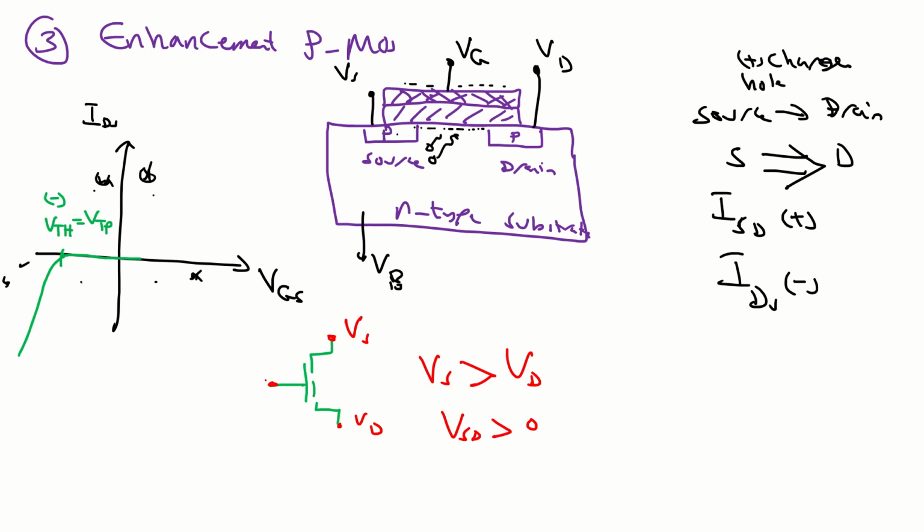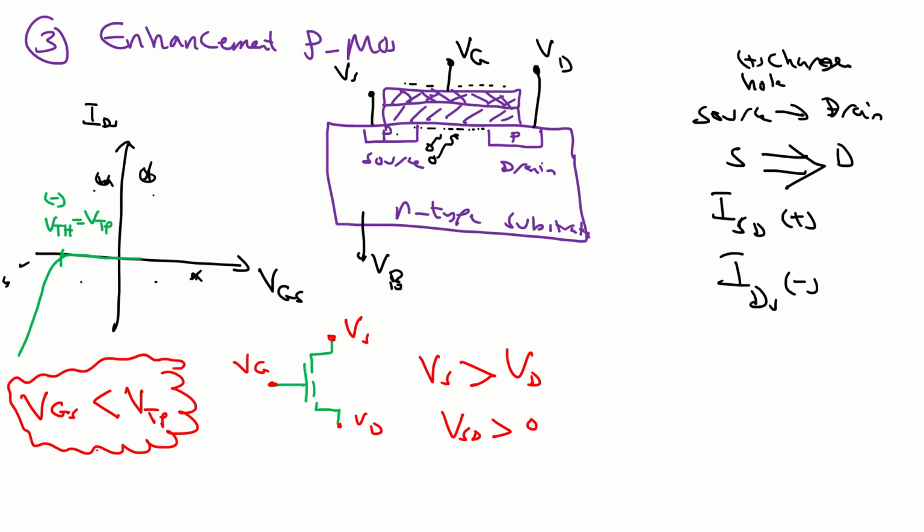And of course here the gate. Okay. Now to make the device on, one more time, VGS should be less than VTP to make this device on.